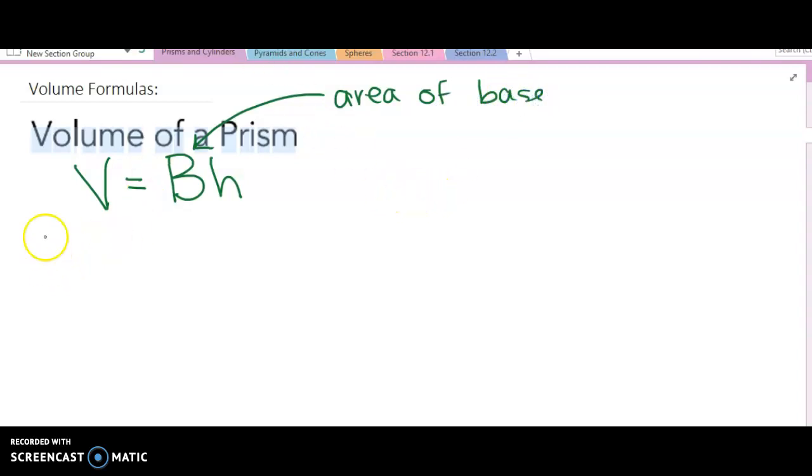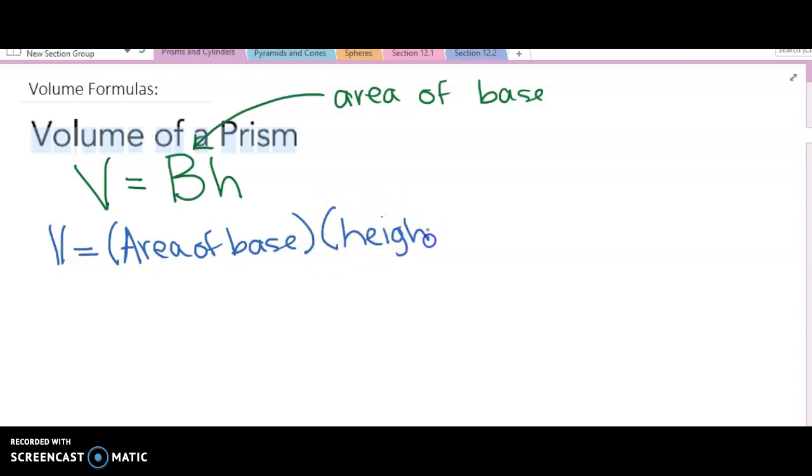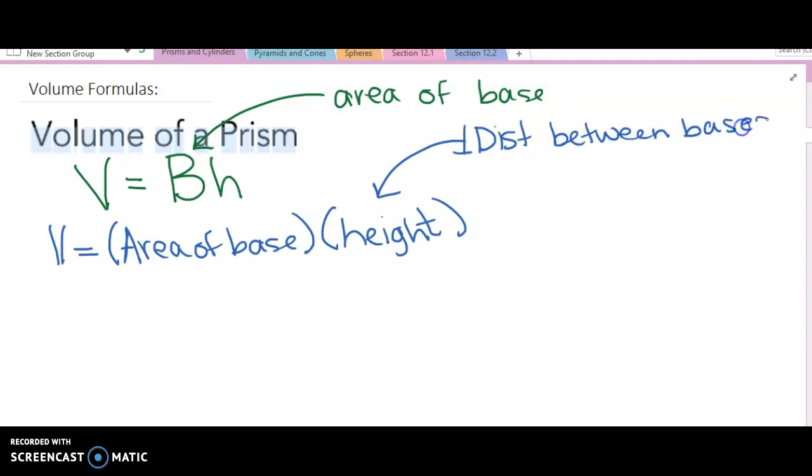Okay, so I can say that the volume equals area of the base times the height. And remember, when we talk about the height, we talk about the perpendicular distance between the bases. And that should be all the way around because the bases are parallel. Okay, so that's for a prism.